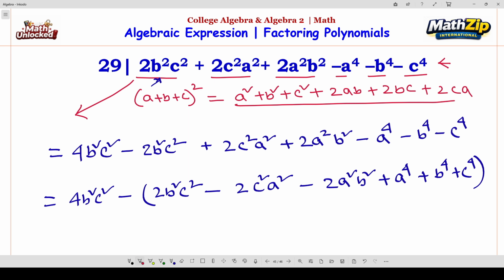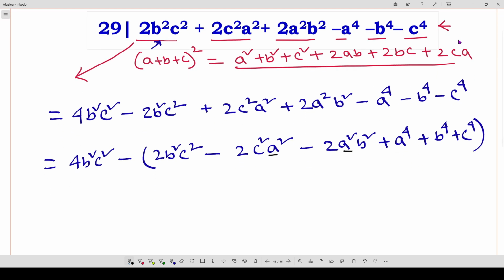Now we have to find out for what combination this becomes minus. Look, here is a² and here is a², and both sides it will become minus. But here is b²c², no minus. So we can make it this way. We can write this 4b²c² as (2bc)², right?